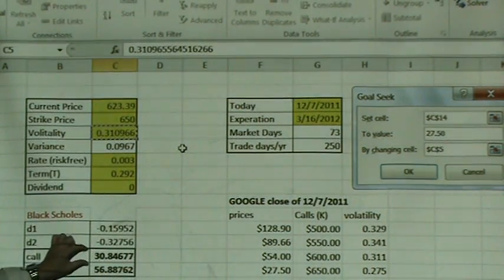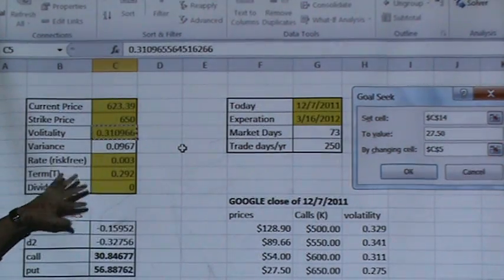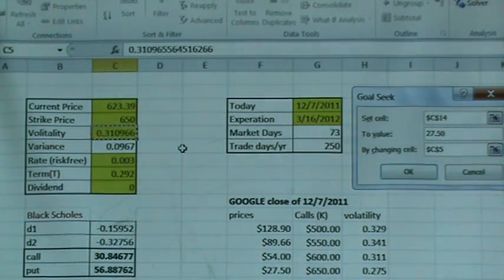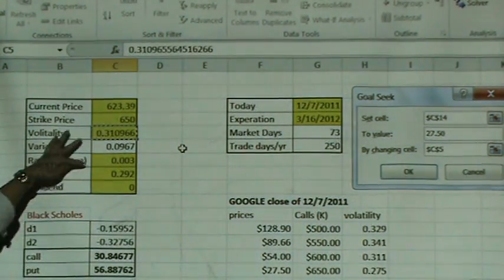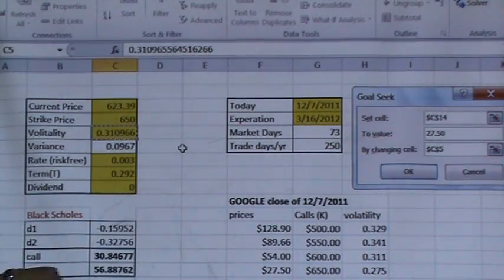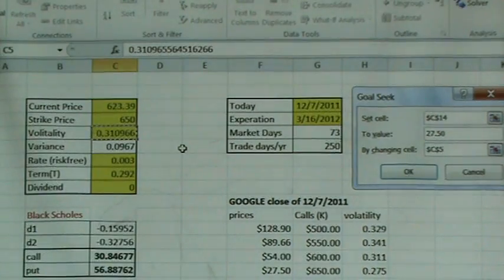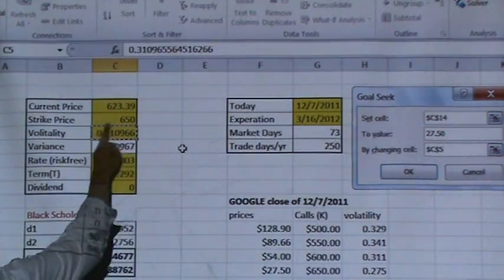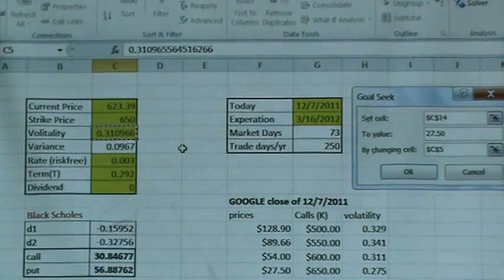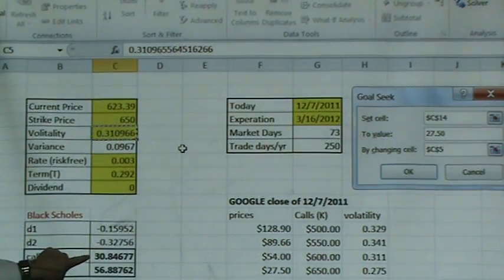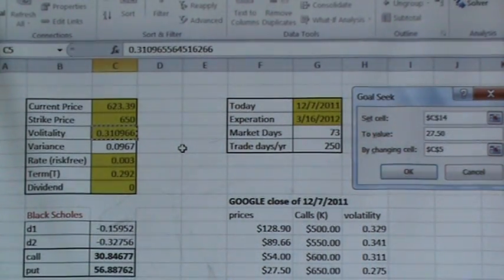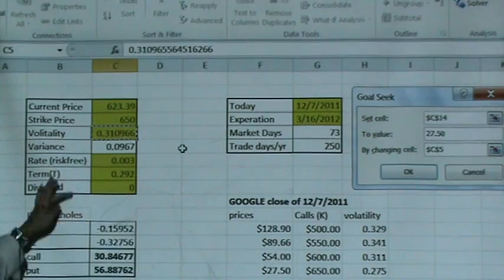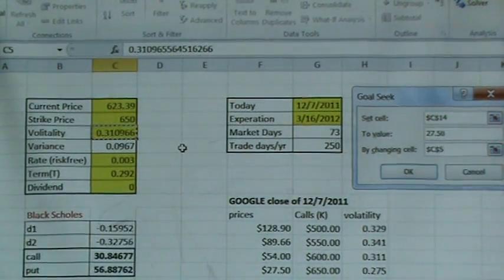And the thing that calculates this box are all the yellow boxes, which get all put together and then turned into formulas. These actually turn into this formula, and then this formula is built on these formulas, so it's a kind of chain of formulas. But I'm telling Excel to allow this box to become whatever it needs to be to make this box 2750. So after I hit OK, we'll know what the implied volatility is.